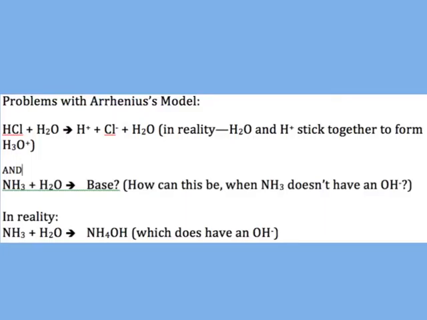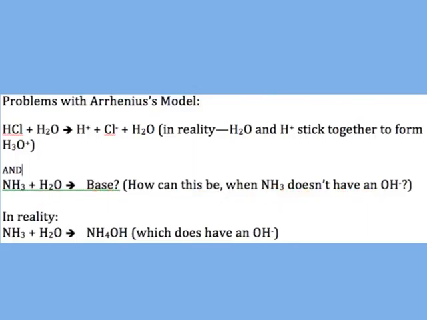There's another problem, too. For instance, you've probably heard that ammonia, when dissolved in water, equals a base. But remember, according to Arrhenius' definition, in order for a substance to be a base, it has to produce OH- ions, or hydroxide ions, in solution. How does this produce OH-? How can this be?